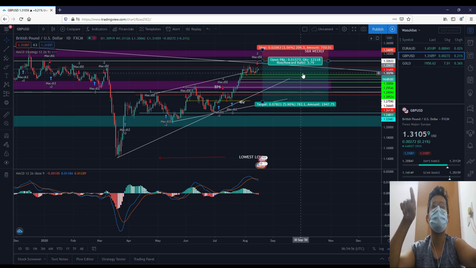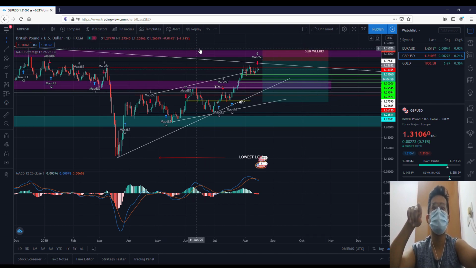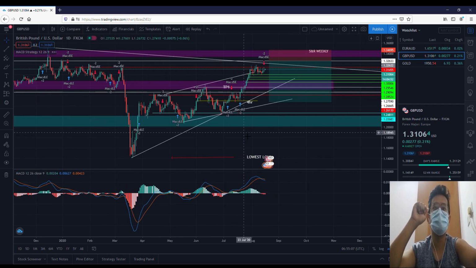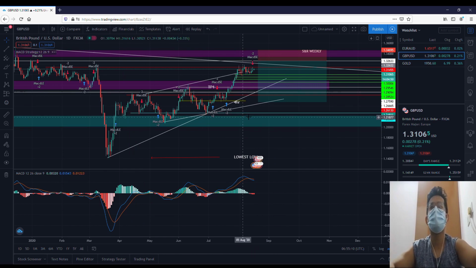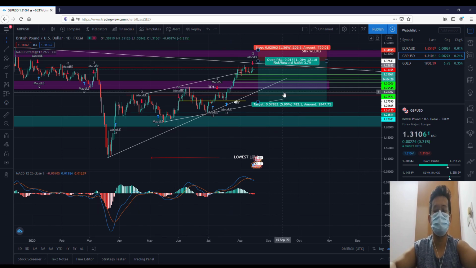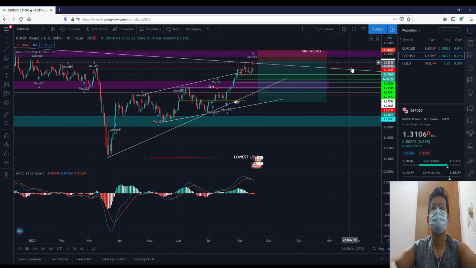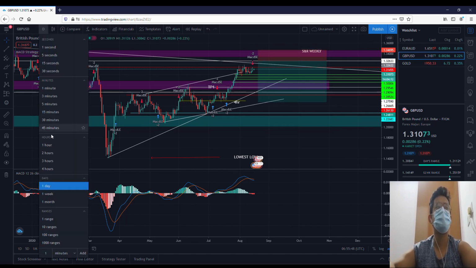So the purple line is actually my weekly support and resistance. This blue one is the monthly one. And this line is for daily, and this is for hourly. It's a different color of trend lines just to tell them apart. Yeah, so what I was saying, I forgot because I paused the video.